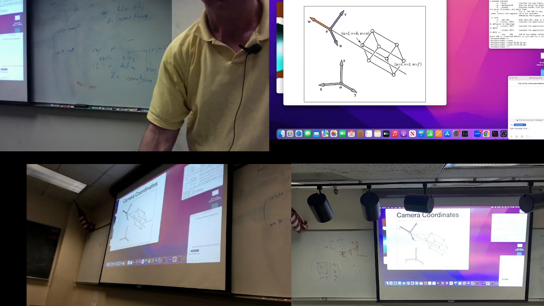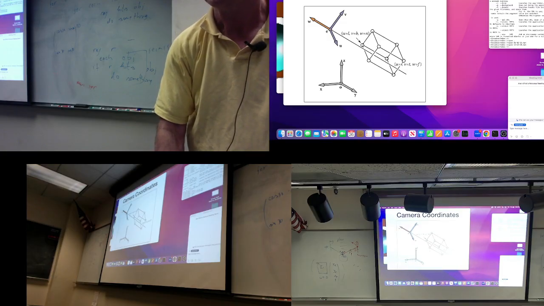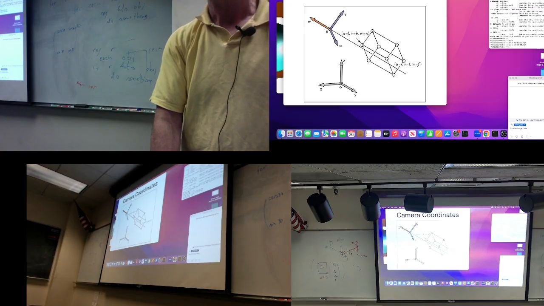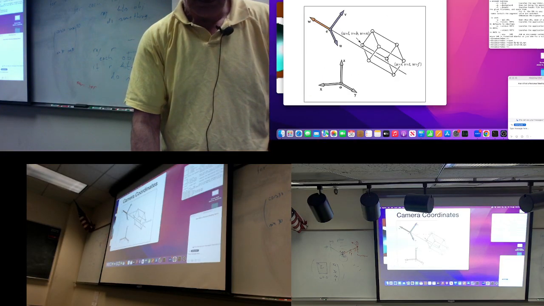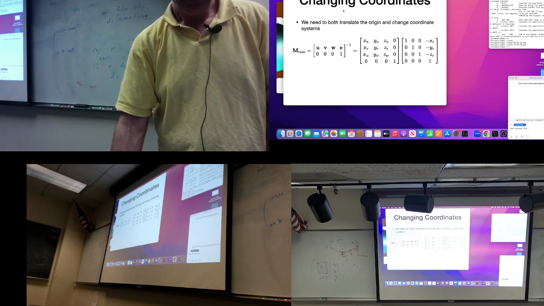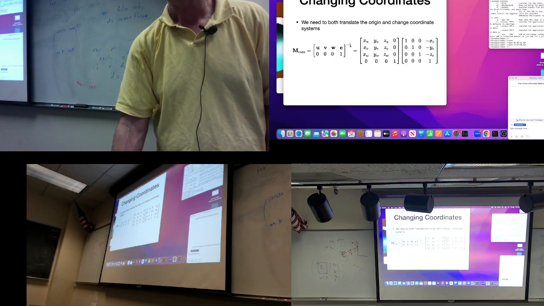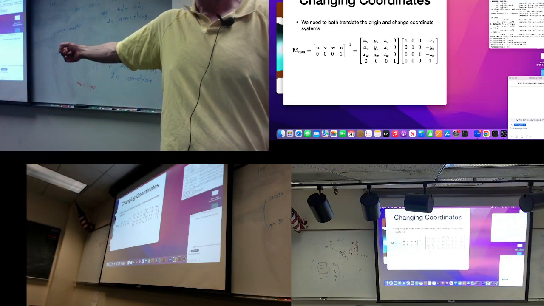Rotation, we already discussed. How do I generate the rotation matrix? Just write the 3 vectors U, V, W in the XYZ coordinates, and this matrix takes a point from the XYZ coordinate system into the UVW coordinate system.